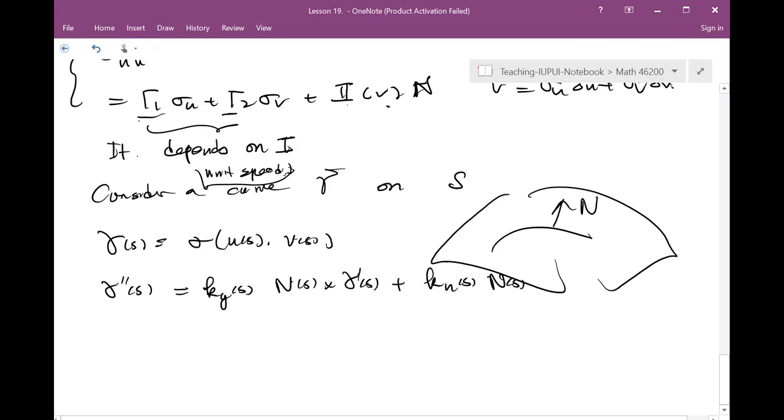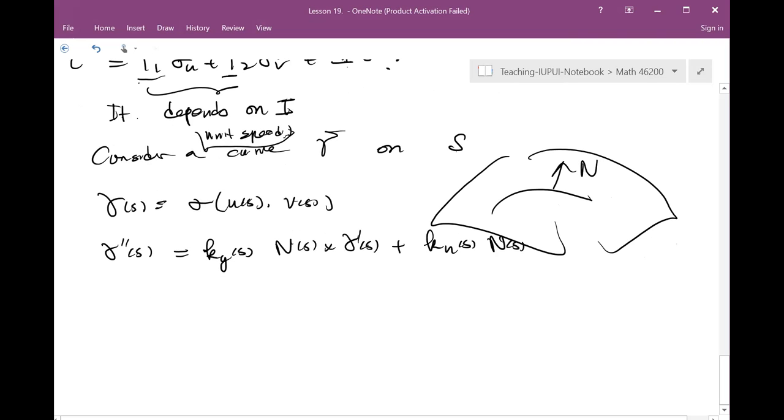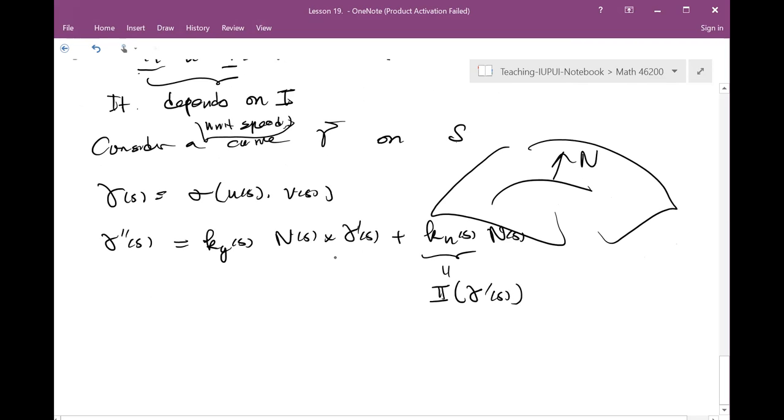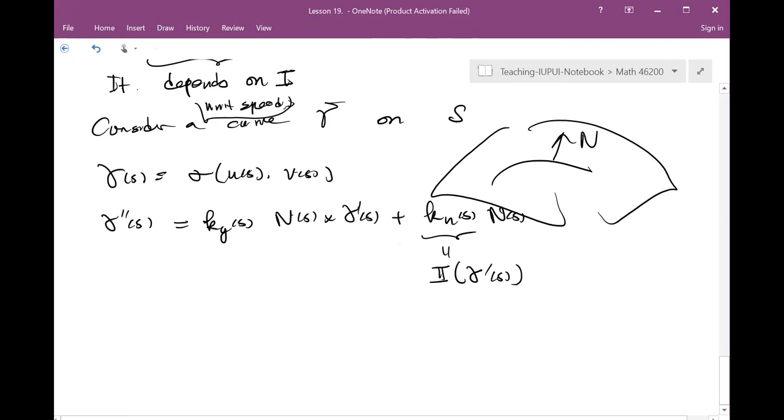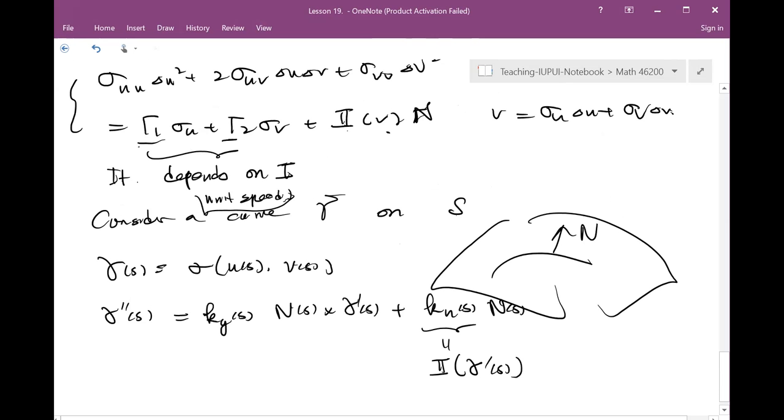So this is the normal vector. So we already know what this part is. This part is just the second fundamental form evaluated in that direction. Okay, now how about this part? We don't know, right? Let's do the calculation. More likely it's determined by gamma 1, gamma 2.